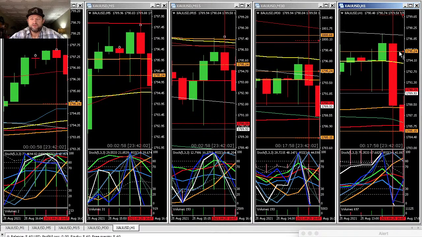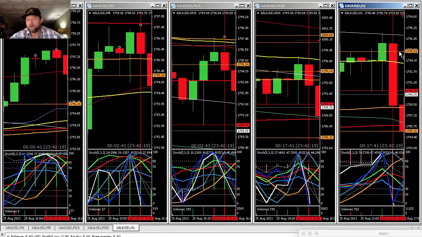I may have to go on TradingView or something like that on the free plan and set up some alerts there. I need to figure out a way to get an alert on my phone when it gets to these key levels.